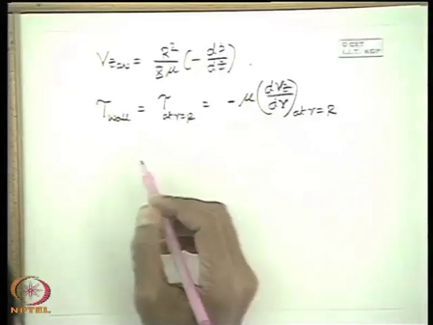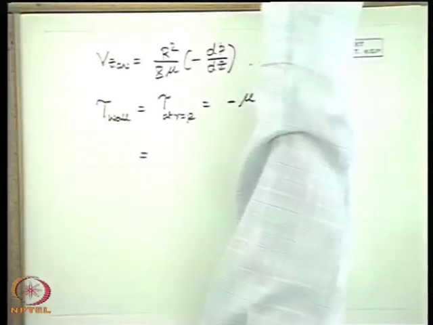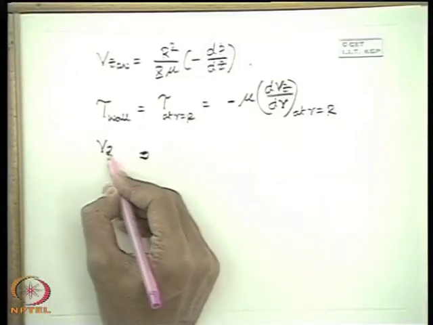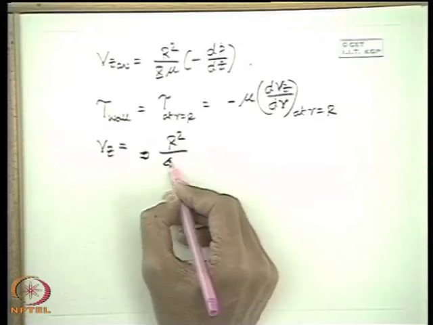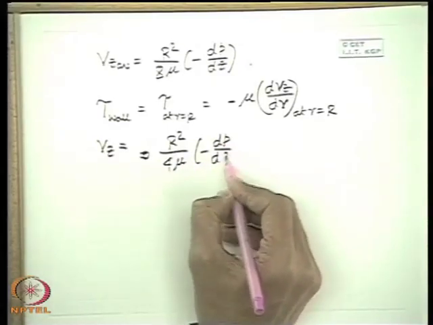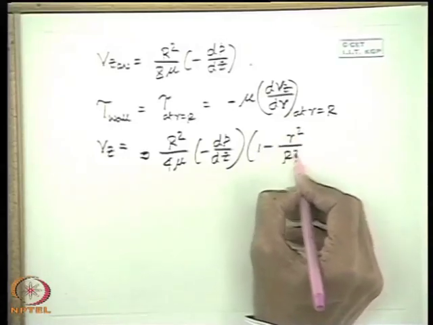Now the rest is simple mathematics. So dVz dr, what is Vz? Better I write Vz also, so all at a time. Vz is R square by 4 mu, minus dp dz, into 1 minus r square by R square.